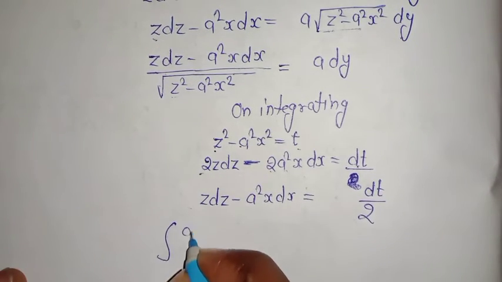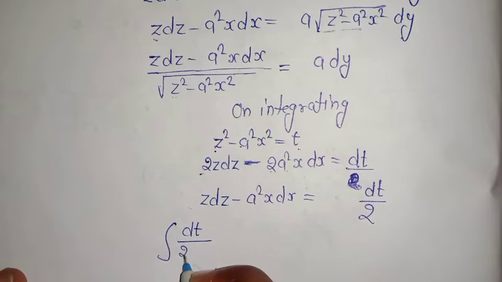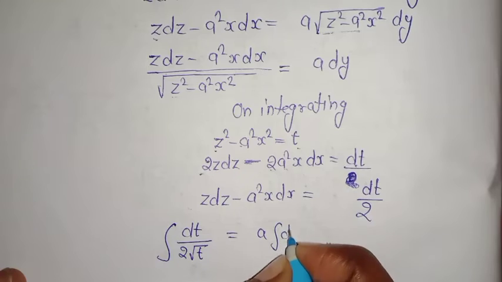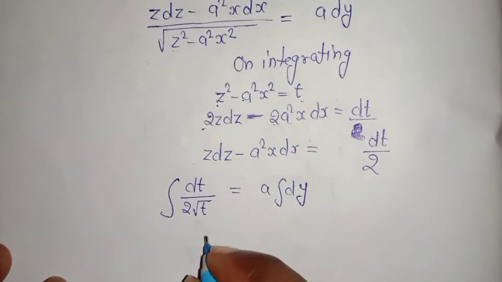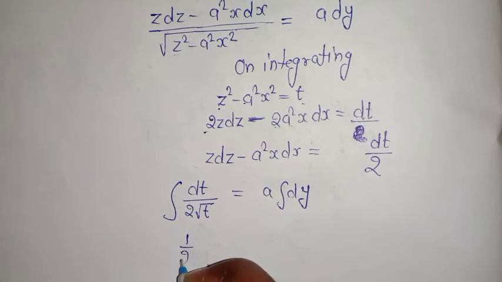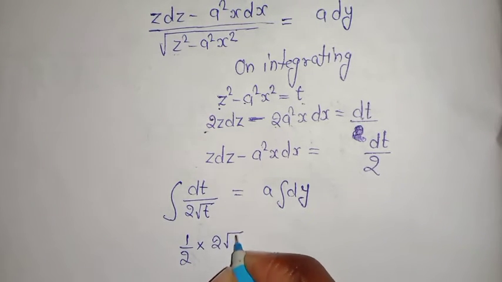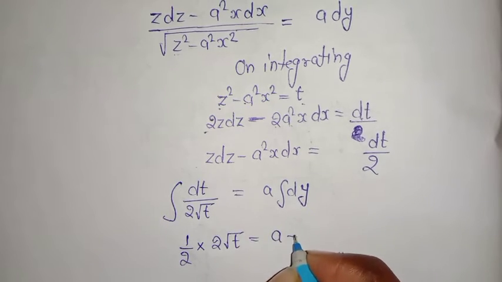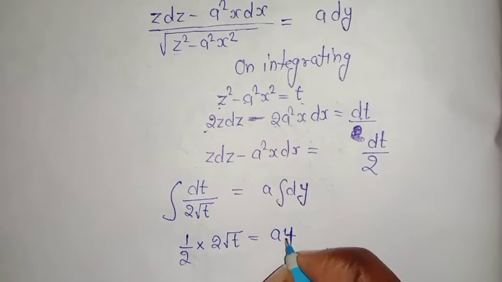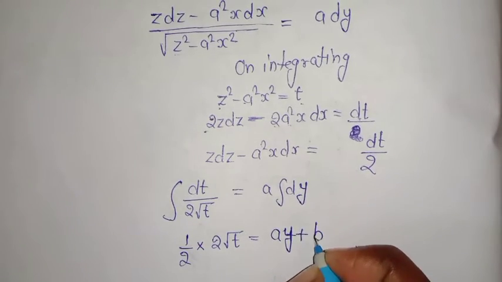So this becomes dt by 2 root t is equal to a into dy. Now we can integrate it, and after integrating we get 1 by 2 into 2 root t is equal to a into y plus some integrating constant b.